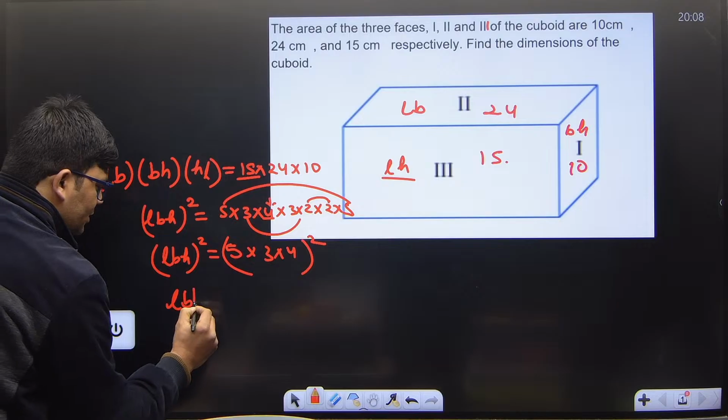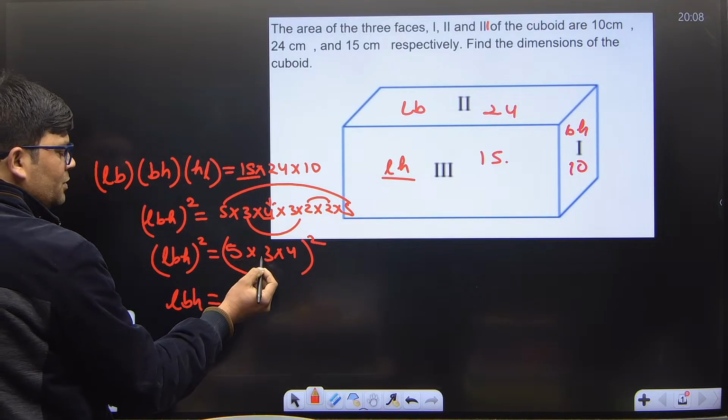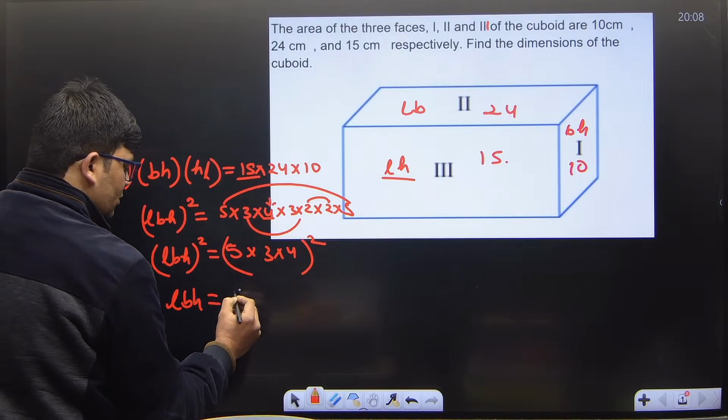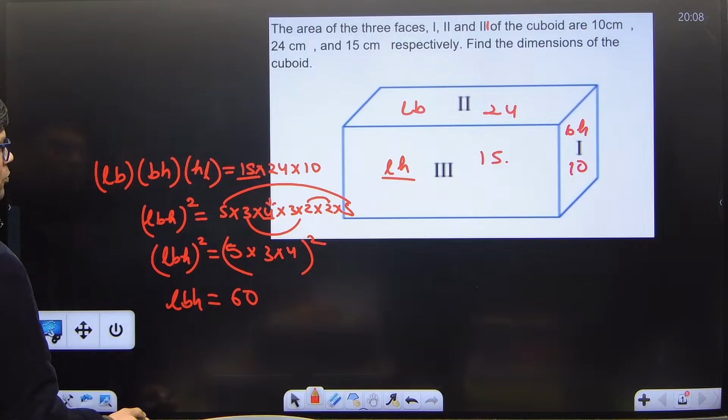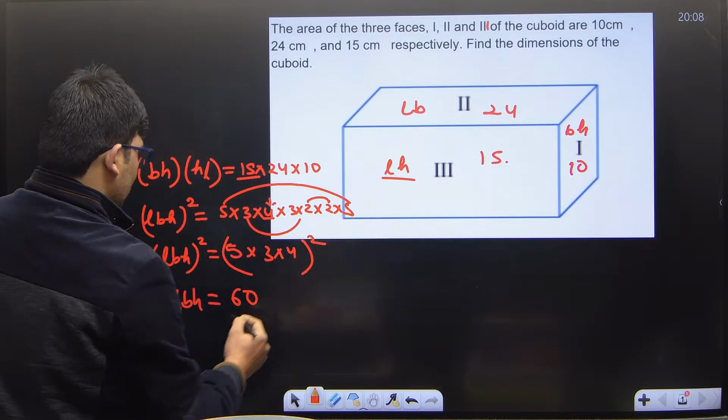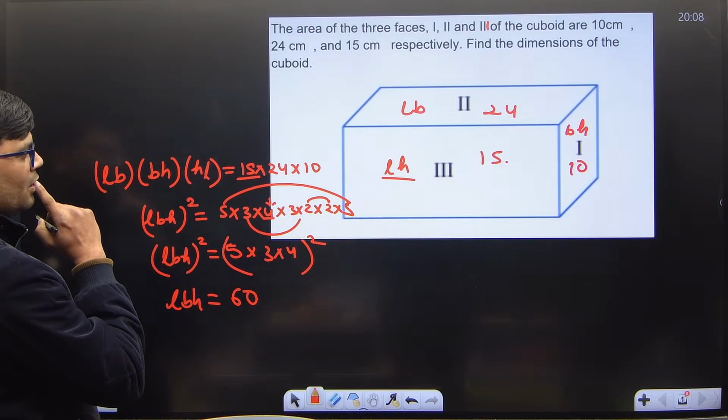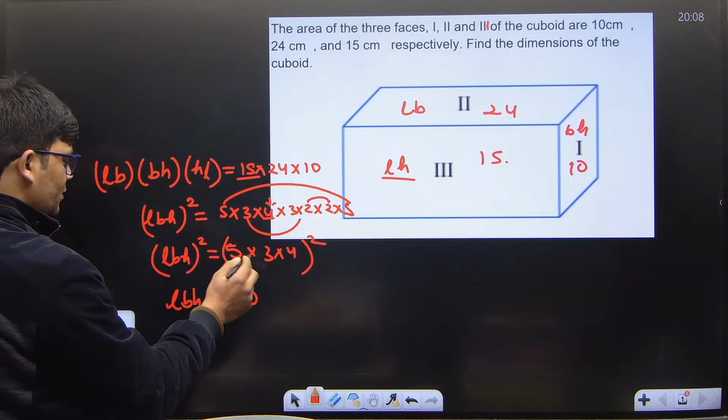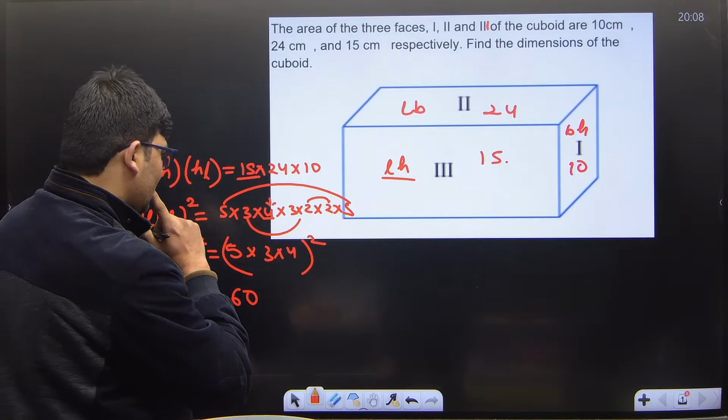So LBH is going to be 5 into 3 is 15, 15 times 4 is 60.